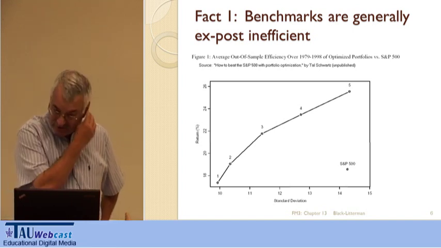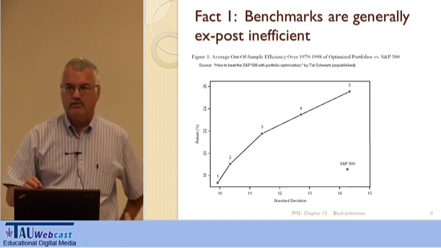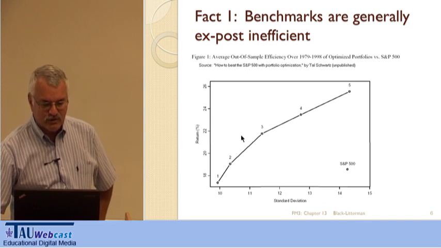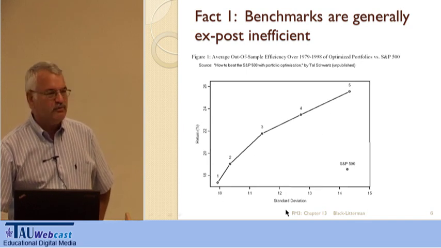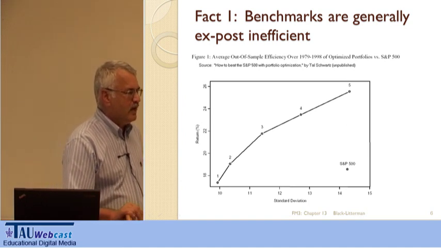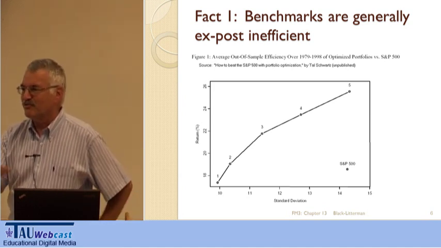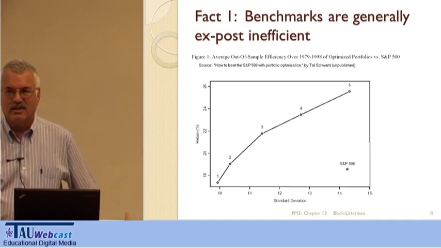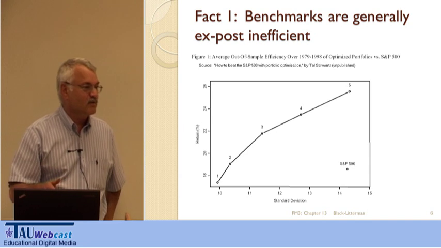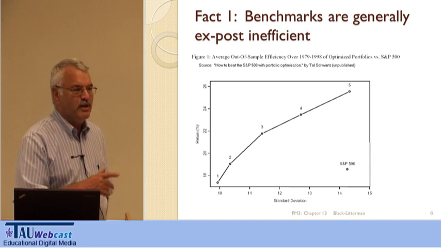Here's what he did. He took data for the S&P 500, and he computed the efficient frontier. These 1, 2, 3, 4, 5 are just portfolios on the efficient frontier. As a small criticism, we're now friends, let me say that if he had read Merton's paper or my book, he would have had a better way to do this.